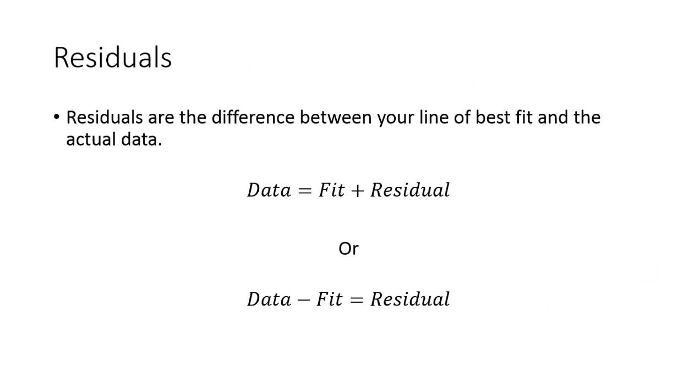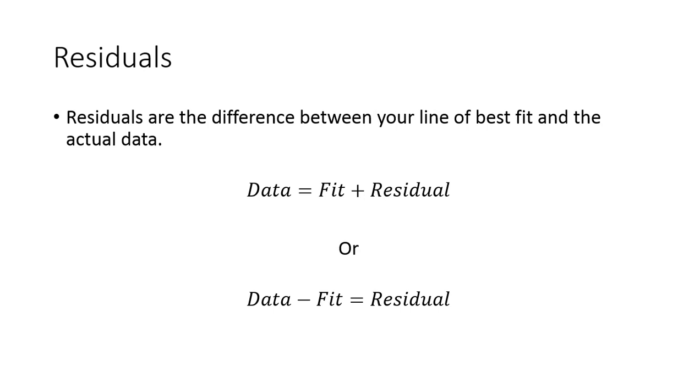All right, so next up is our residual. Our residual is the difference between the line of best fit and any data that we had. One way of doing it is you take your fit and then you add whatever the residual is, and that's going to get your actual data points. Every single actual data point that we collected, that we put into our regression, is going to have a residual.